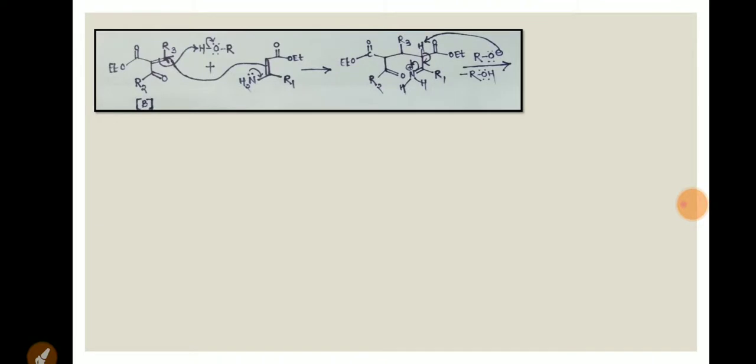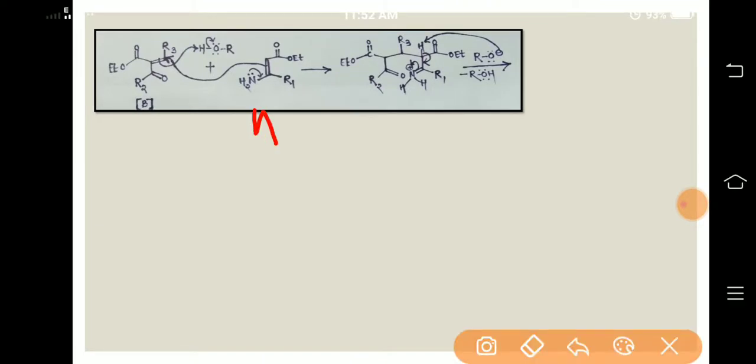In the third step, compound A, which has been synthesized in step 1, undergoes condensation with product B of the second step.